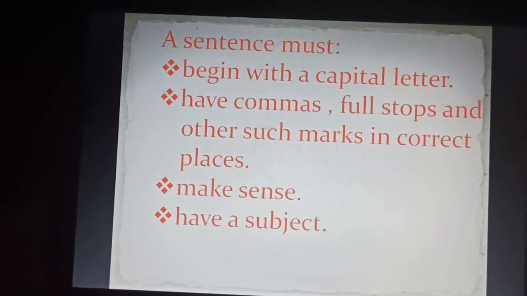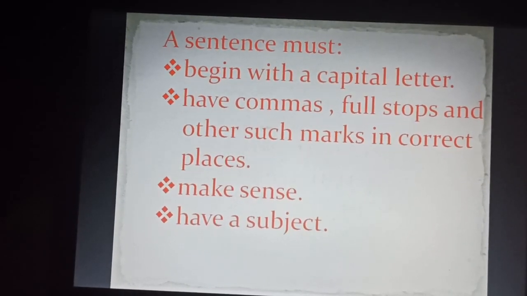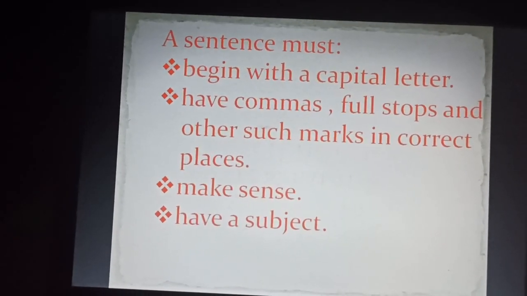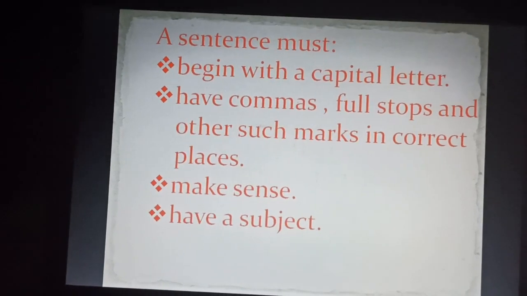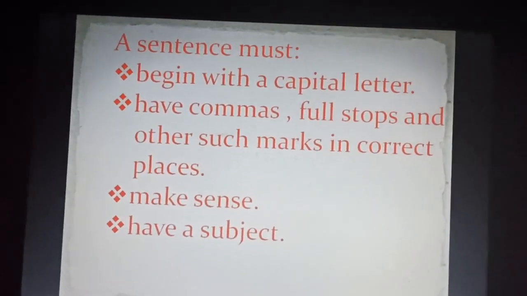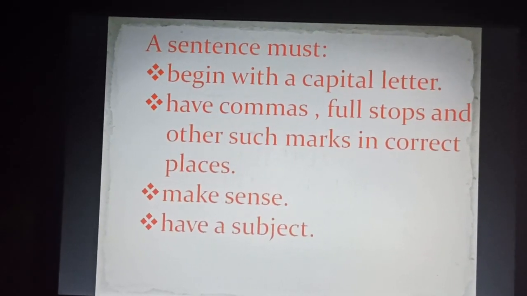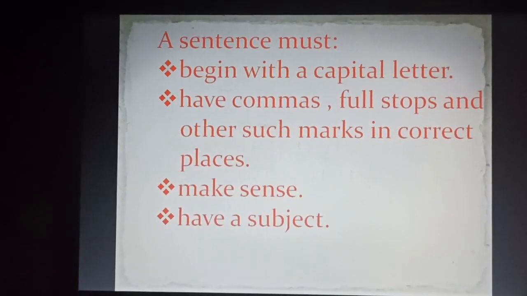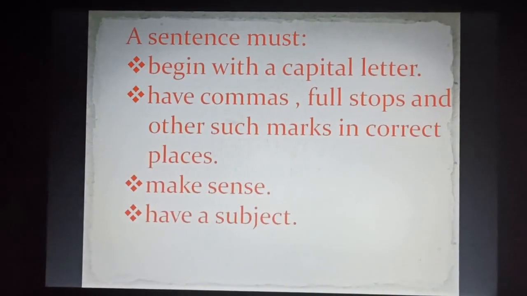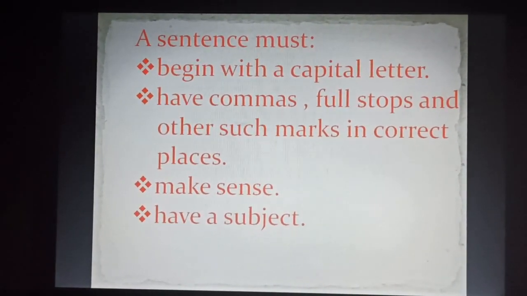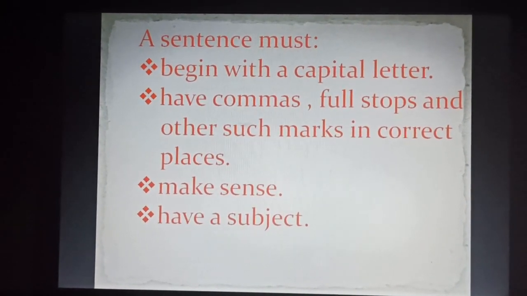A sentence must begin with a capital letter. That means when you start writing the sentence, your first alphabet should be capital. A sentence must have commas, full stops, and other such marks in the correct place.